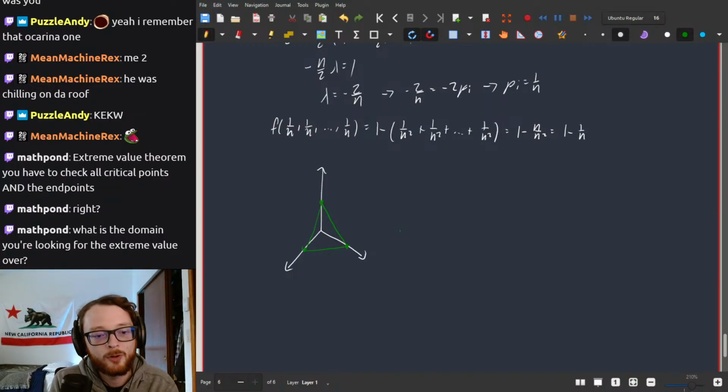I wonder if we have to parameterize each of the boundaries individually. Well, the thing that parameterizes them is taking one of them equal to 0. So maybe that's not so bad.